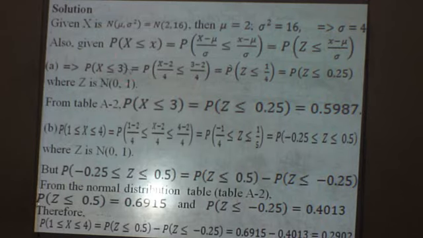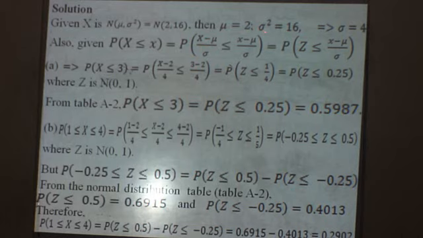The solution. Now you can see that with the random variables I said, the second entity in the bracket is the variance. And when we want to deal with the Z, don't forget the Z score is always divided by the standard deviation. So we must find the standard deviation, not the variance.